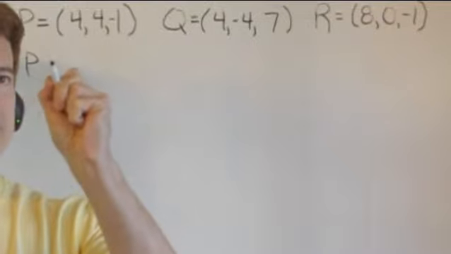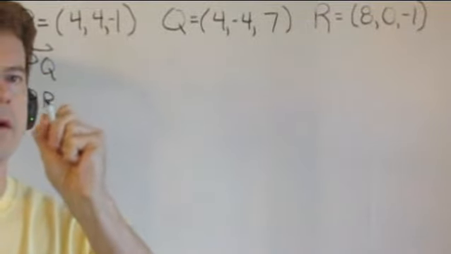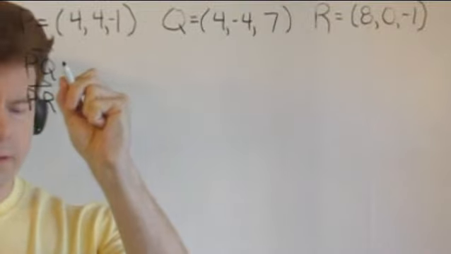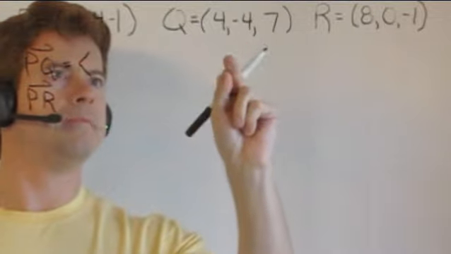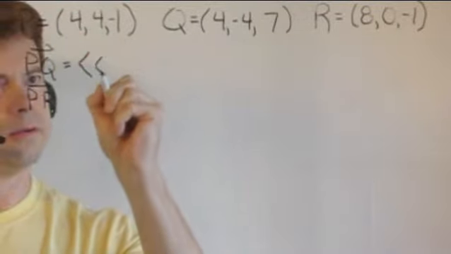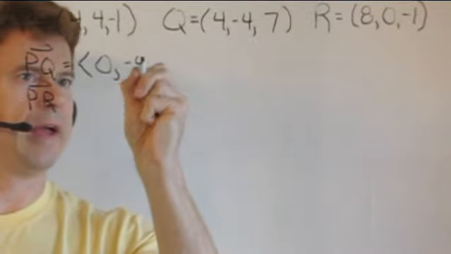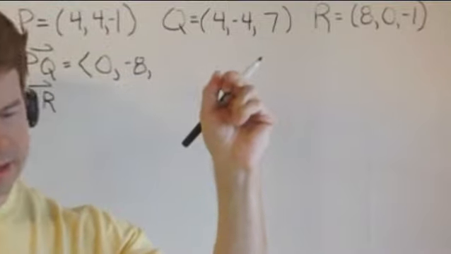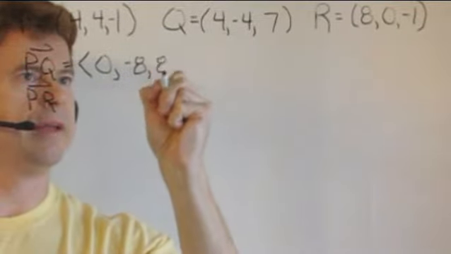So let's come up with PQ, PR, and so we've got 4 minus 4 is 0. Negative 4 minus 4 is negative 8. And 7 minus negative 1 is positive 8.